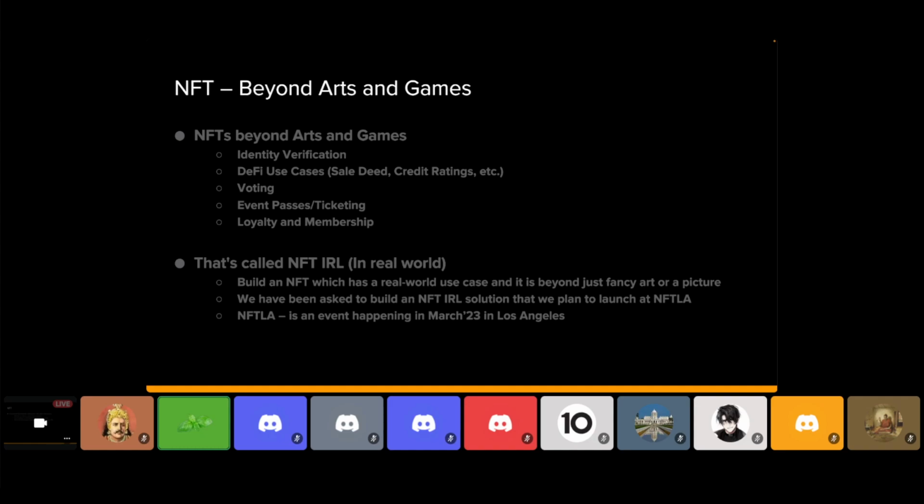We are building an NFT which is associated with some parametric insurance, which, if it happens in the real world, gives the owners of the NFT the option to either cash out or cover themselves, right?